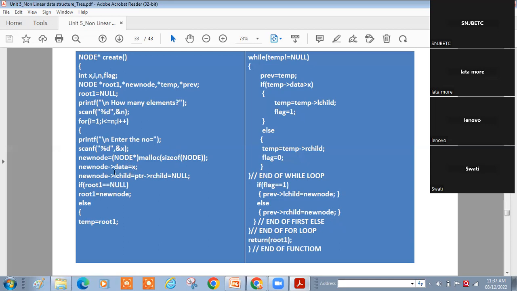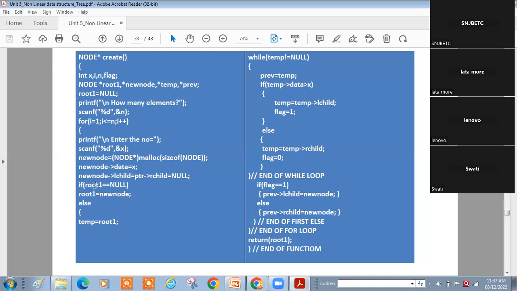So new node link data, the data is entered as X. Whether it is put as the left child or right child, initially if your element is root, it has no left child and no right child, so we initialize these as null. If root is equal to null, then you create the node and stop over here. This is just the creation of the root node. Now the root node is created.